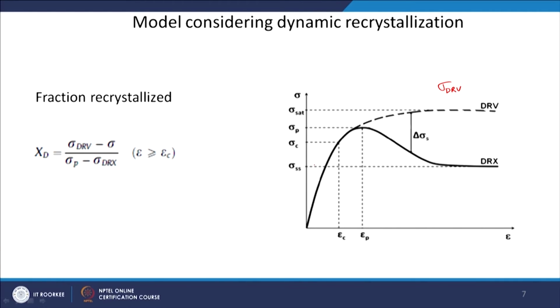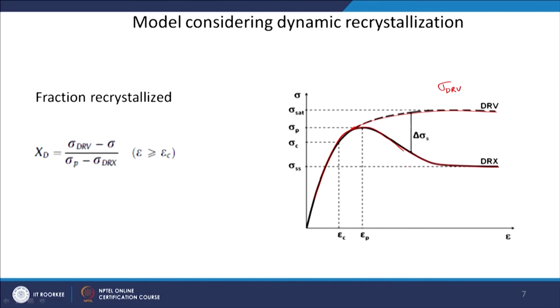Okay. There are two curves shown here, one with a broad peak, which you see for dynamic recrystallization. Stress increases, then you get a hump, and then you have this dynamic recrystallization. If dynamic recrystallization is not taking place and only dynamic recovery is taking place, the curve will go something like this.